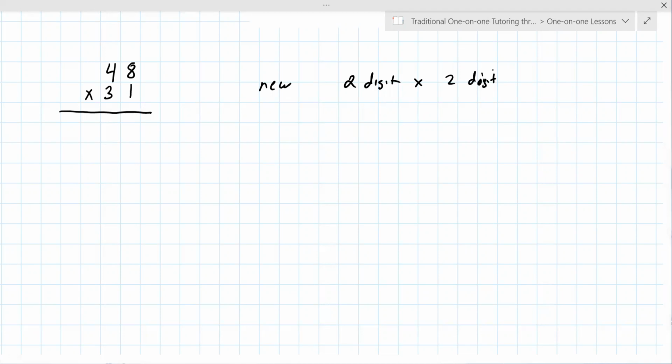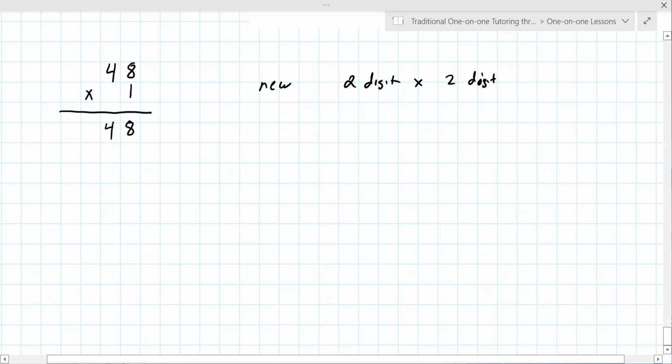The way you do this problem is you actually treat it just like you did before without the 3. So I'm going to erase the 3 for a moment. What is 1 times 8? 8. And what is 1 times 4? 4. Okay. Now when I put the 3 back in, you have to put a 0 in this position. So you always put a 0 in the second row.